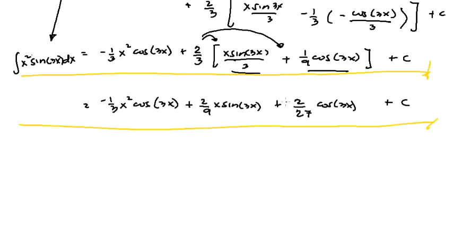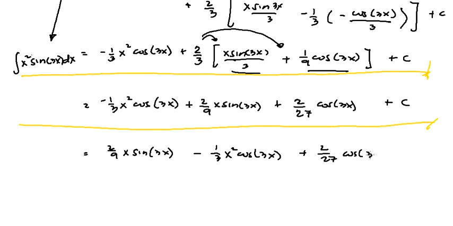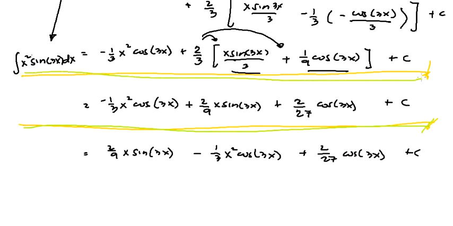Let me move first our 2 over 9 x sine 3x, then minus 1/3 x squared cosine 3x plus 2 over 27 cosine 3x plus c. There's no problem with whichever form you use, they are all the same. Okay, so thank you.